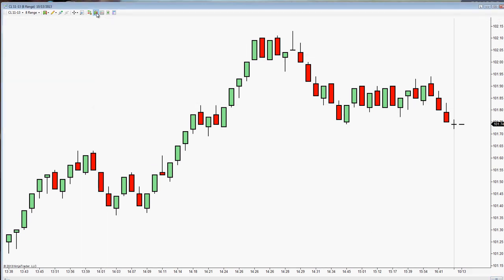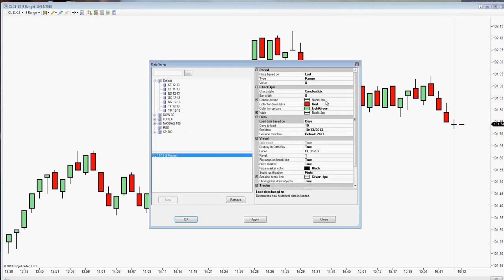And if we look at my settings, you'll see that I have the range set at 8. Session template is always set at default 24/7. This means that the chart will continually plot around the clock. There won't be any session breaks.